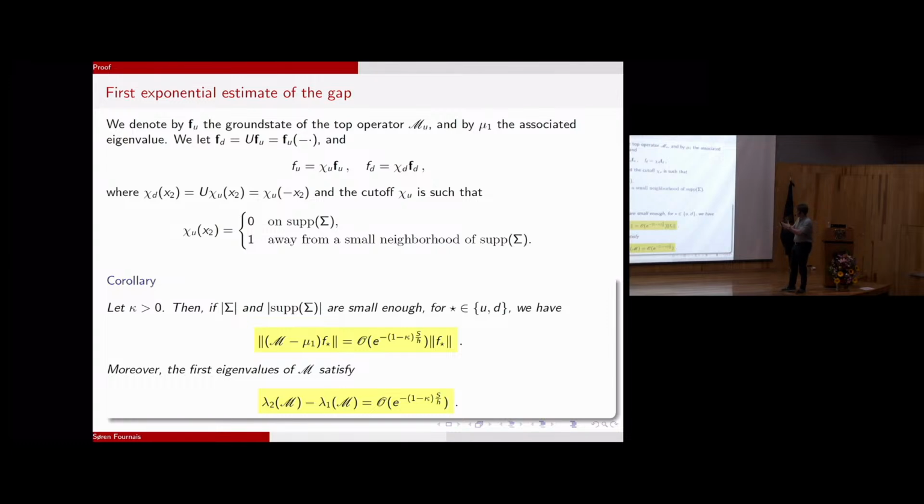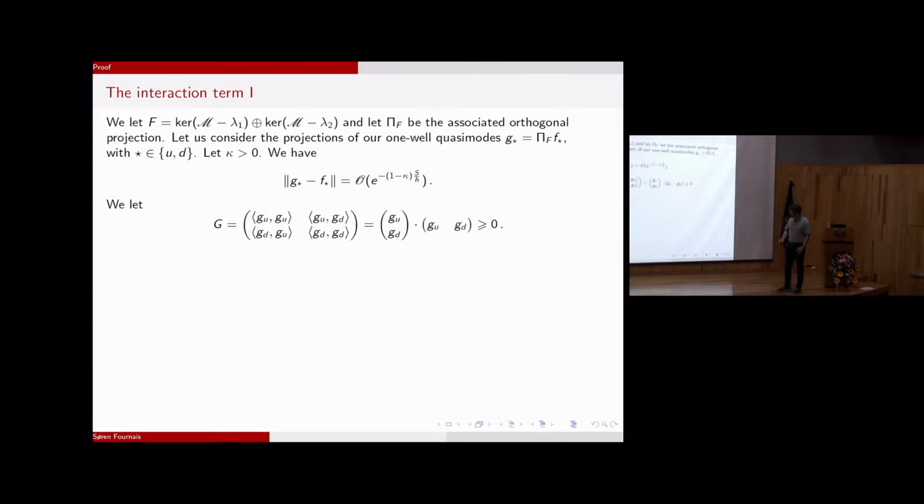They're exponentially bound, but they're not good enough. And it also gives a bound on the gap, but again, it's not good enough. It's slightly worse than what we need. And the way to improve the precision is to actually, in some sense, do a calculation with a 2x2 matrix.